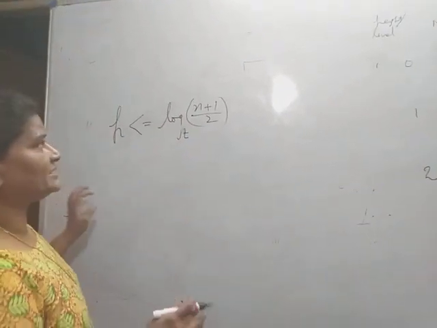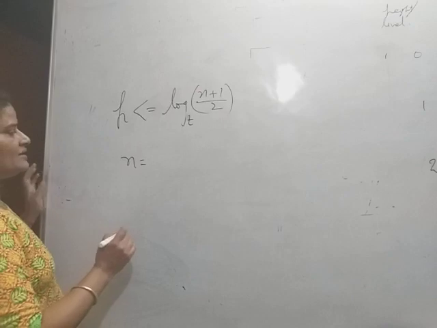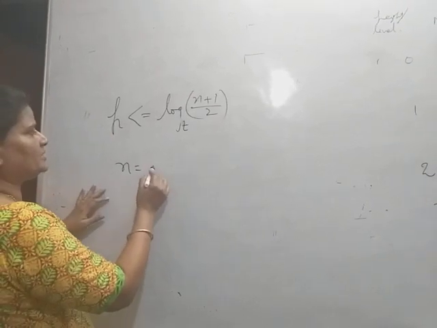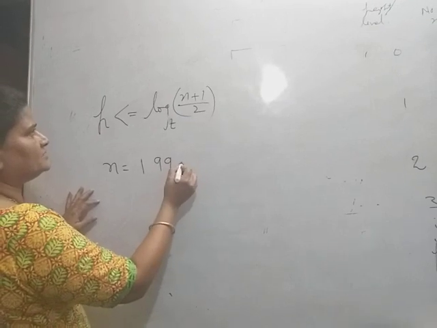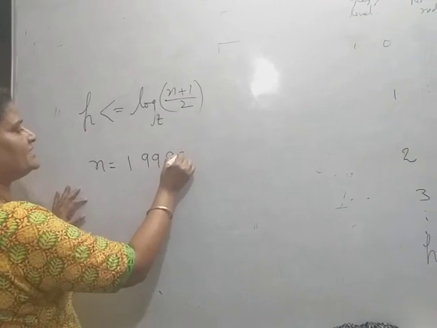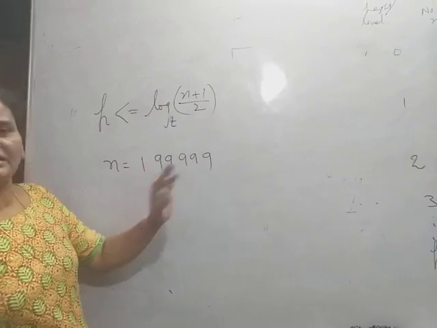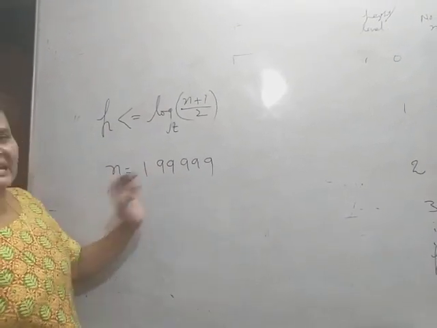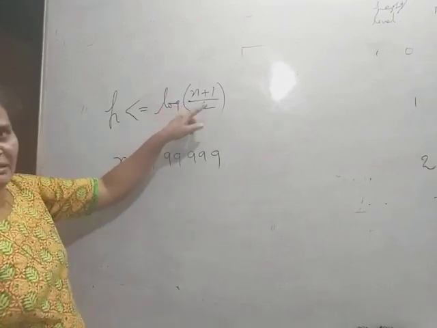Suppose here I am taking n equal to 1,99,999. This is n. Okay, so if we consider this n, then we add n plus 1.